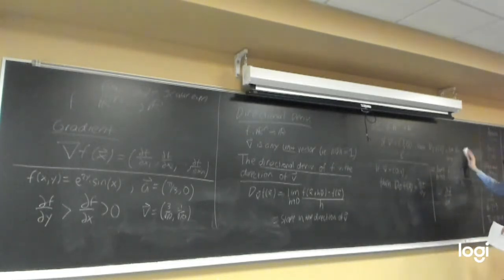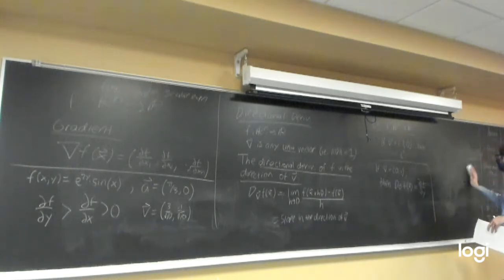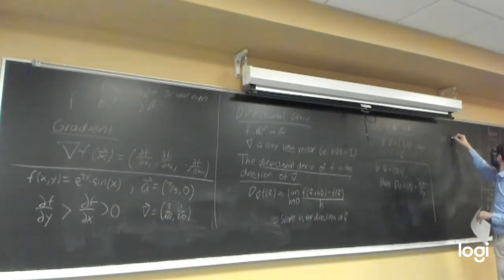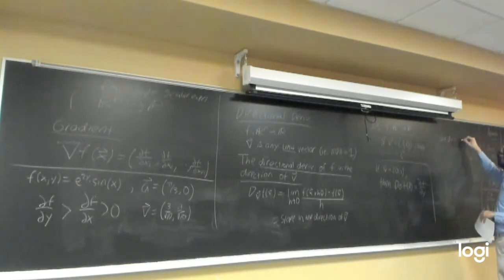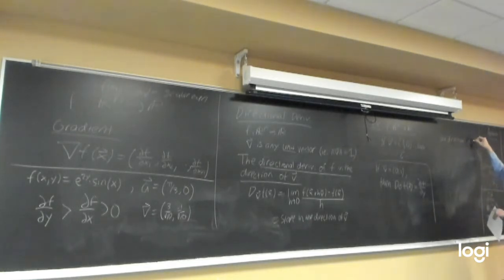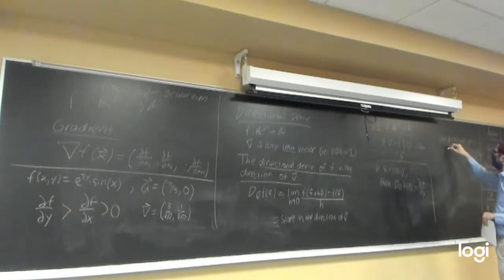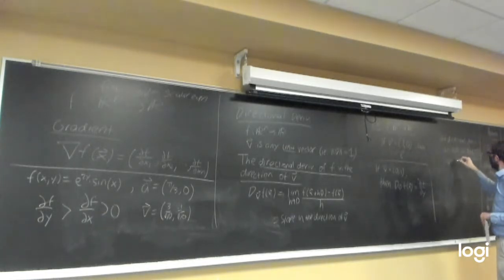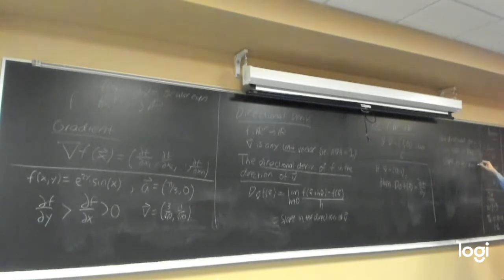So, if I were to write that down in words, we could say the directional derivative can tell us the slope in any direction, whereas del f del x and del f del y each only tell us the slope in a single direction.